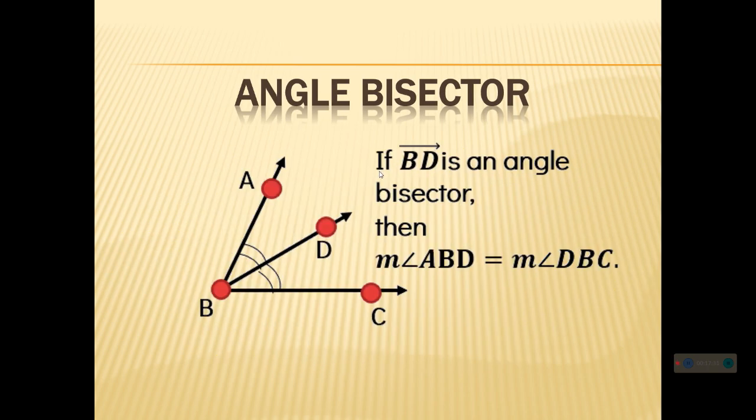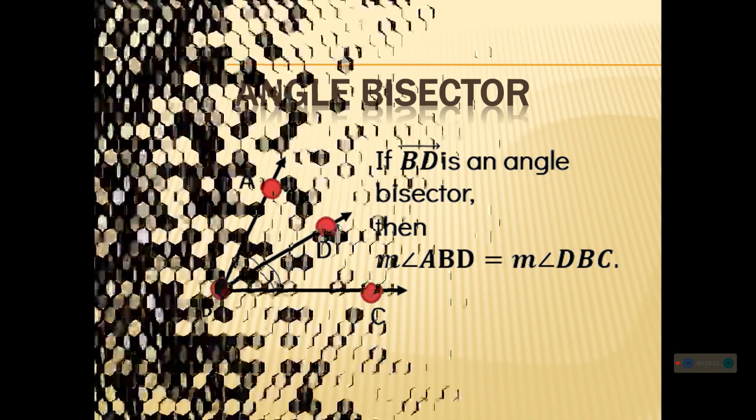In this example, ray BD is the angle bisector of angle ABC. Therefore, the measure of angle ABD is congruent to the measure of angle DBC. So these two angles are equal or congruent. I hope it is clear about the angle bisector.